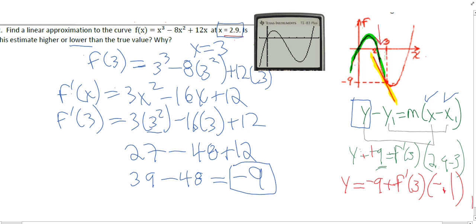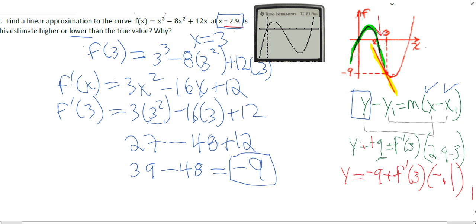So we're going to end up with y equals negative 9 plus negative 9 times a negative 0.1, and I believe that's going to end up giving us negative 8.1.